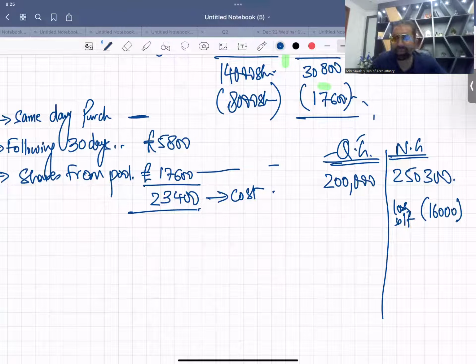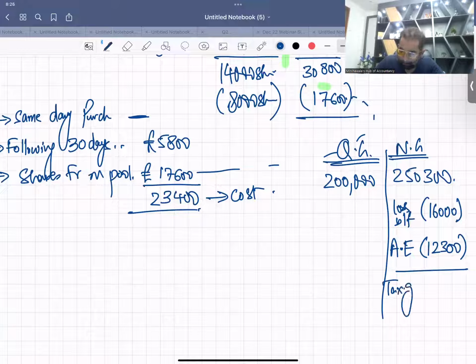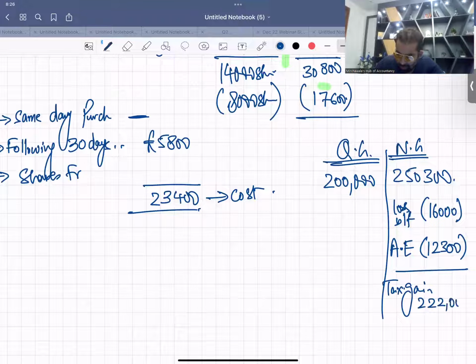Obviously, this loss we will set off against normal gain, and we also have the annual exemption of 12,300. The annual exemption is also deducted from NG if there are only two gains, NG and QG. So can you tell me what your taxable gain is? 222,000. Thank you. Taxable gain here is 222,000.